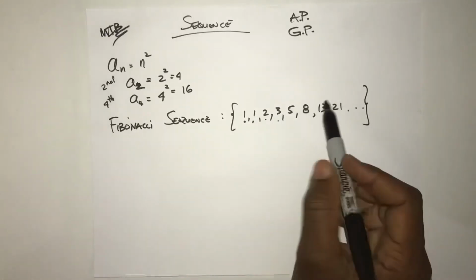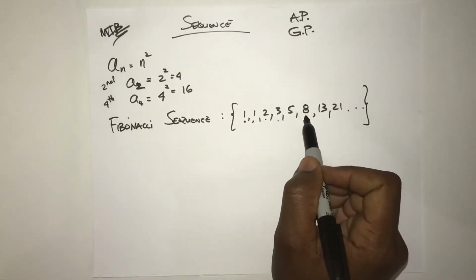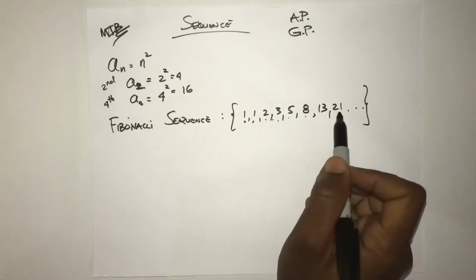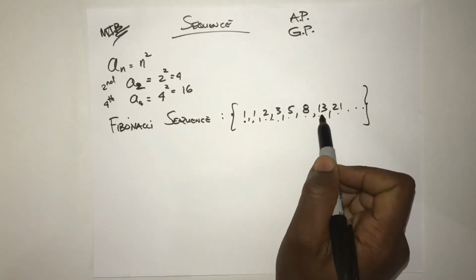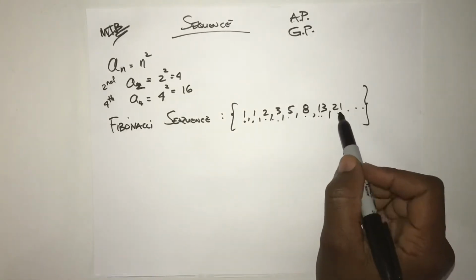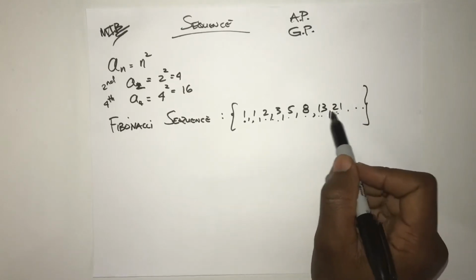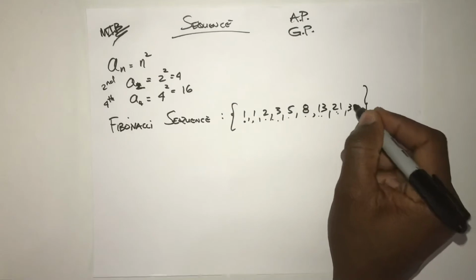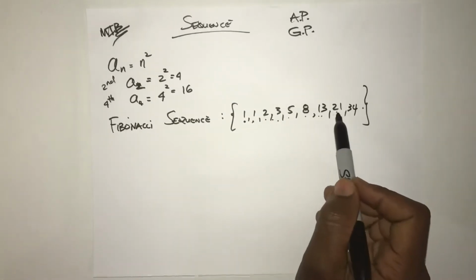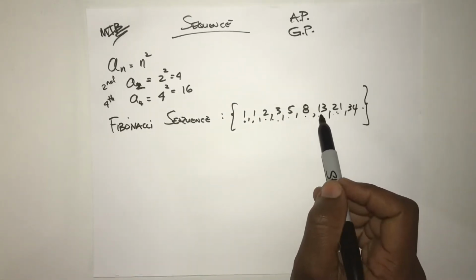Likewise, we get 8 by adding 5 and 3, and we get 21 by adding 13 and 8. Of course, the term subsequent to 21 would be 34, because that is found by adding 21 and 13.